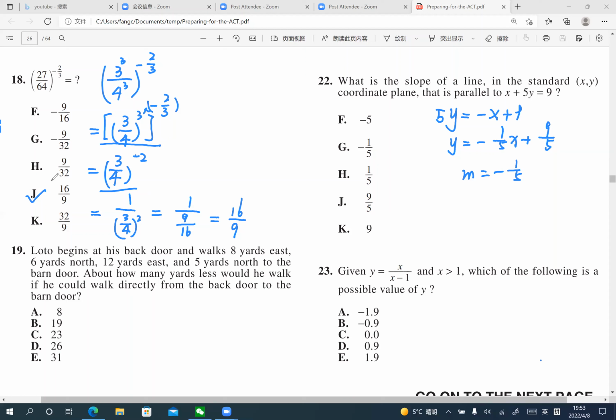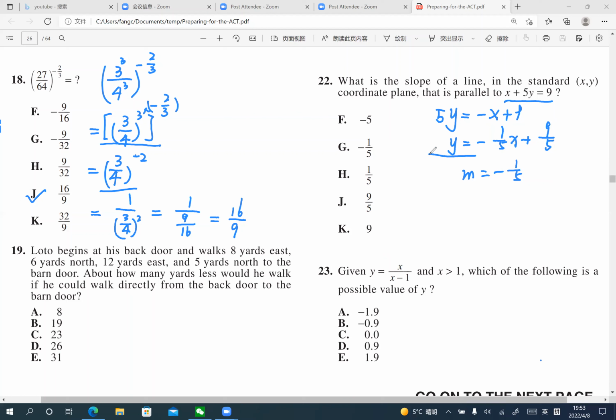Question 22. What is the slope of a line in the standard xy coordinate plane that is parallel to x plus 5y equals 9? First we need to rewrite the equation in slope-intercept form. So 5y equals negative x plus 9, so y equals negative 1/5 x plus 9 over 5.